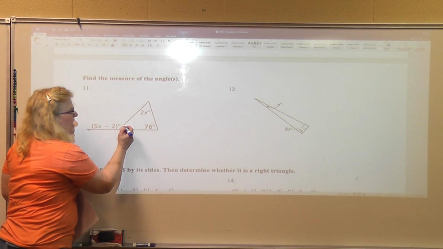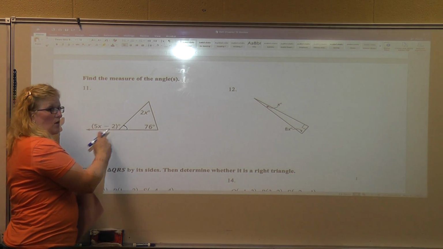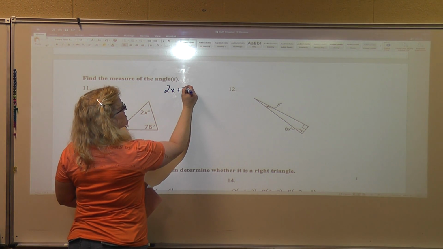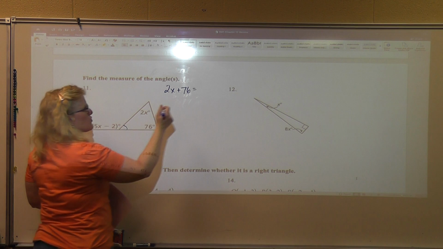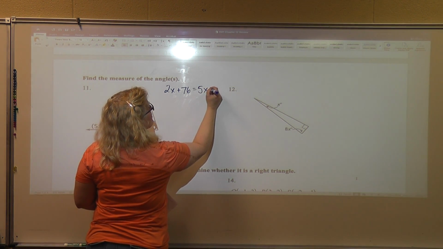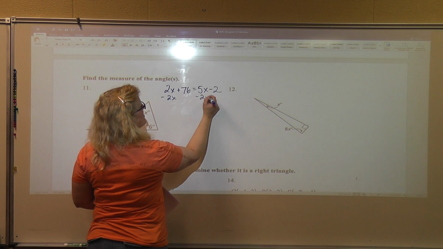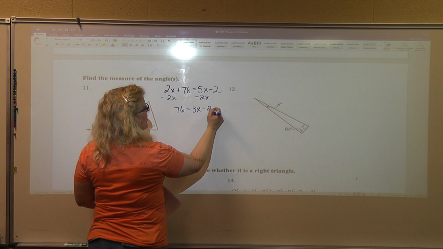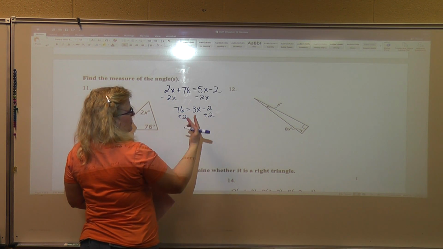So not this angle, but these 2 angles added together equals this one. So 2x plus 76 equals 5x minus 2. All right, I'm going to subtract 2x from both sides. Gives me 76 equals 3x minus 2. Add 2.